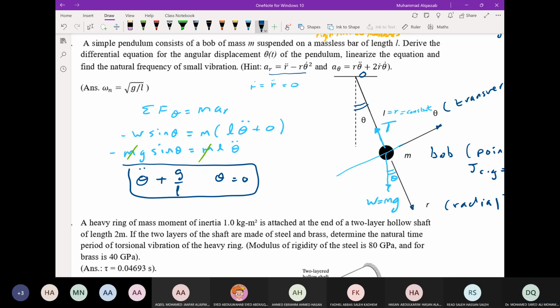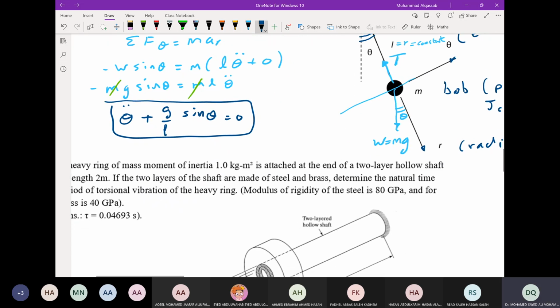Okay, this is sine. And you can approximate, linearize this by using, for theta very much less than 1, sine theta equals theta, and this equation becomes theta double dot plus g over L theta equals 0, which is the linear, second order ordinary differential equation.